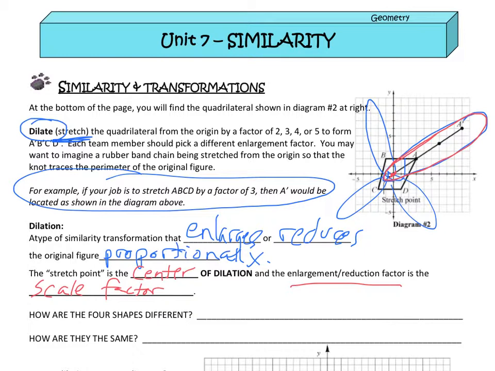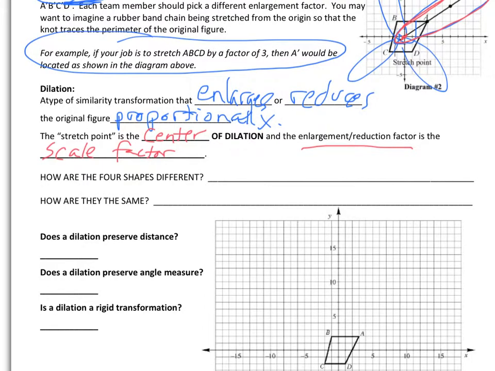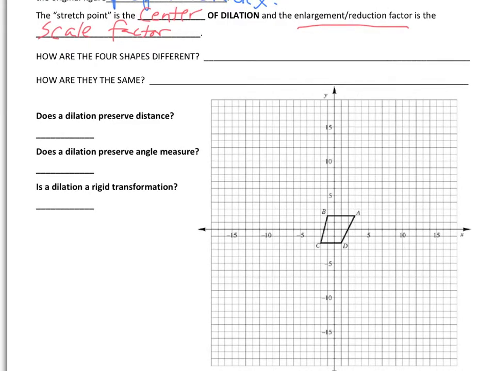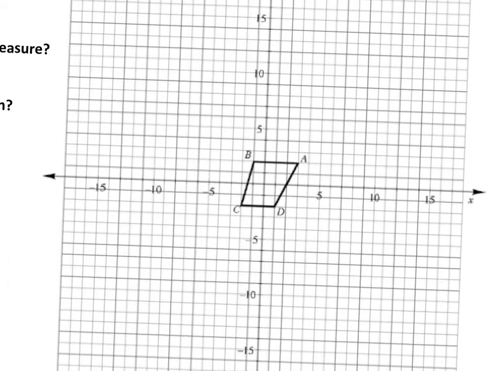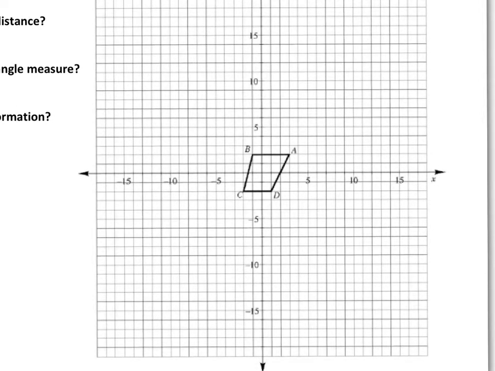How are the 4 shapes different? How are they the same? So what we're going to do here is transform this figure.